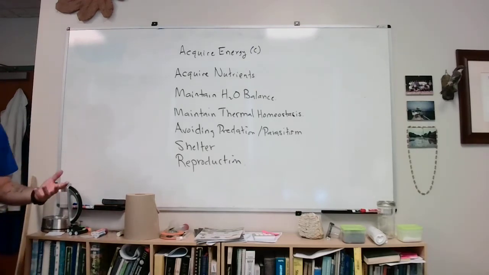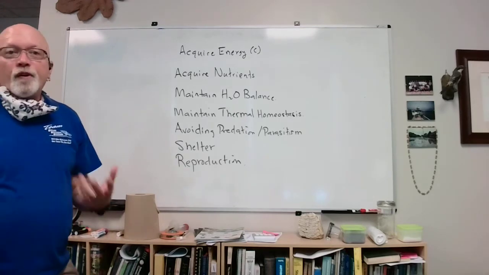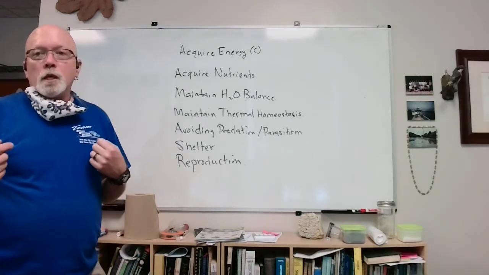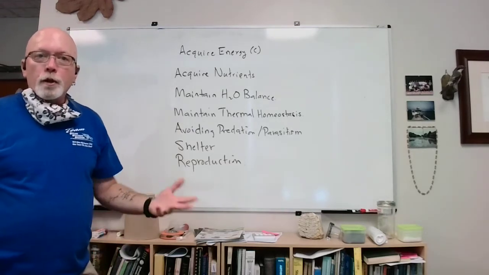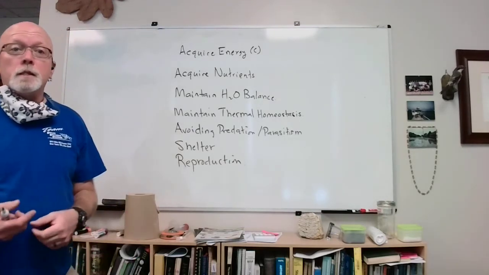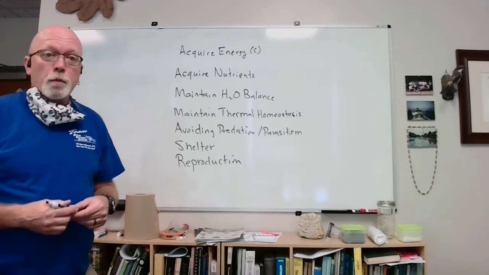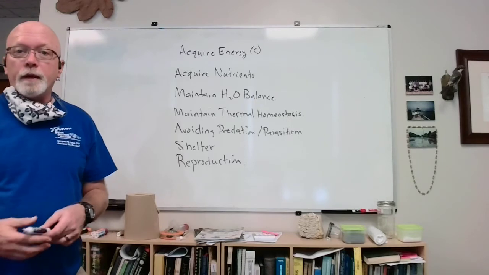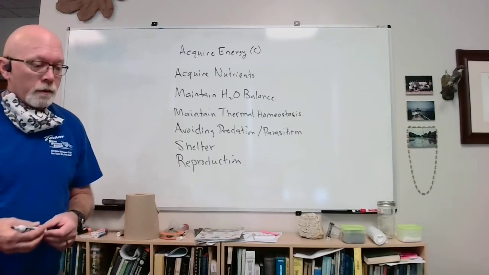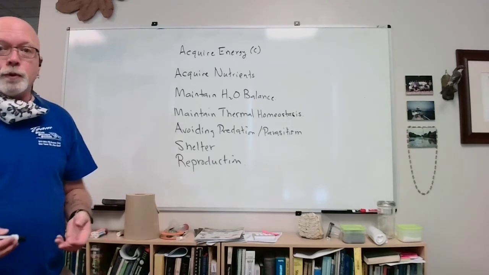So these are 7 fundamental things that organisms need to do on a regular basis, in some cases on a daily basis, in order to survive to the point that they are old enough to reproduce. And then once they get to reproductive age or stage, they need to be able to reproduce.